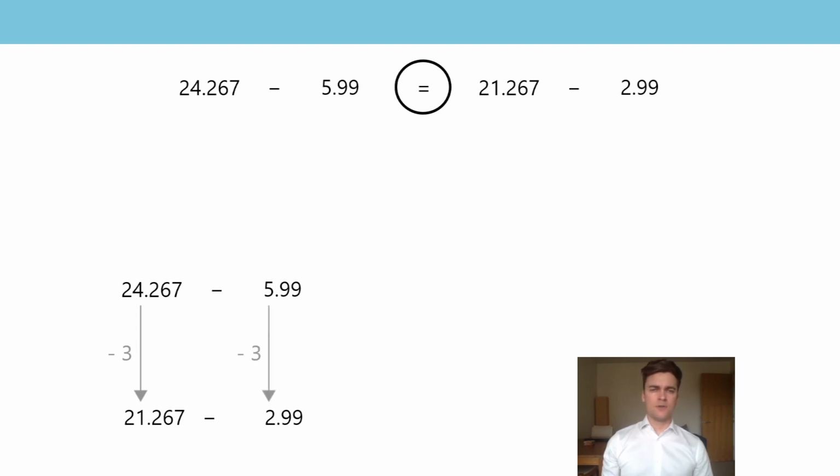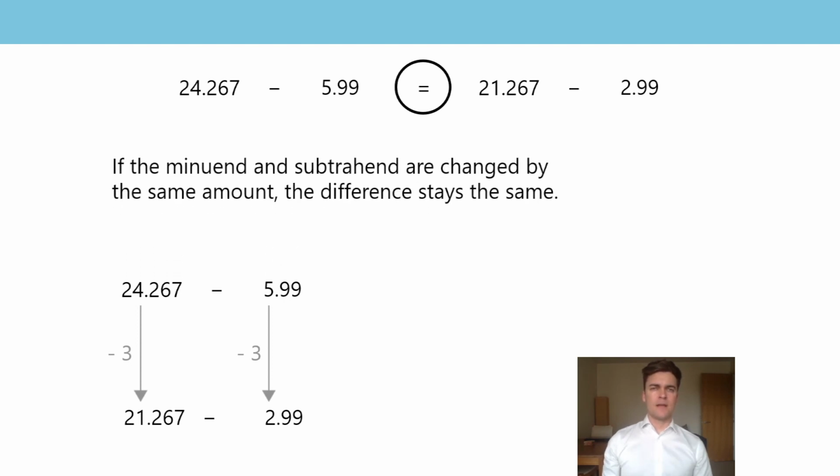Between the subtrahends, there's also a difference of 3. Now, previous sentence that we used, read it aloud with me on 3. 1, 2, 3. If the minuend and subtrahend are changed by the same amount, the difference stays the same. So perhaps some of you noticed the connection between the minuends and subtrahends as a different way of explaining how you noticed that the missing symbol would be the equals symbol.